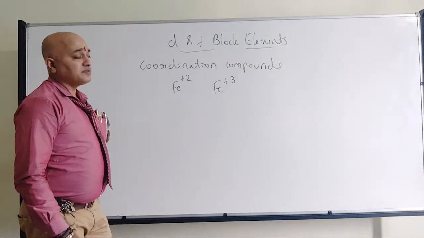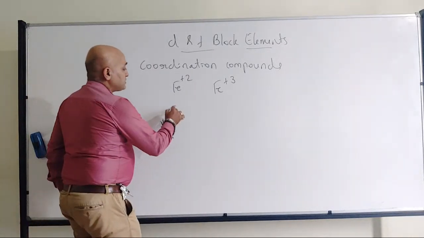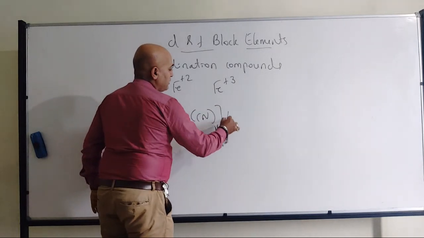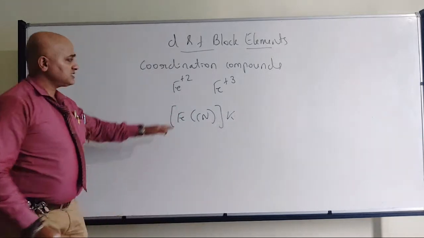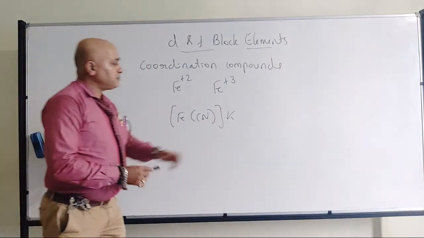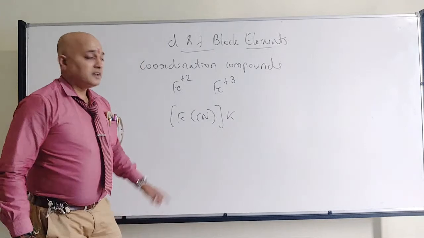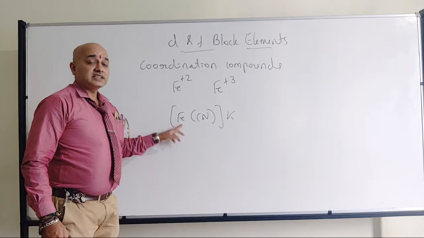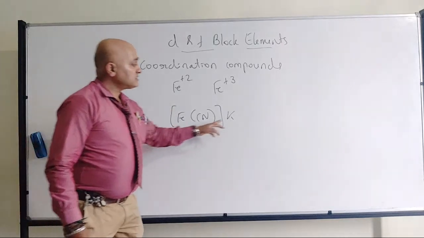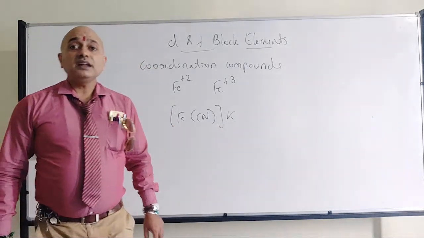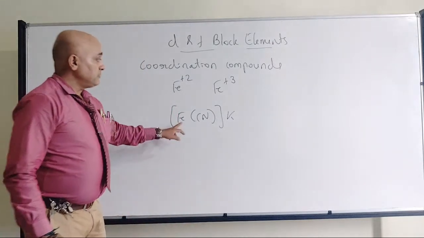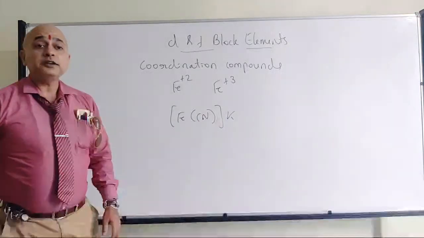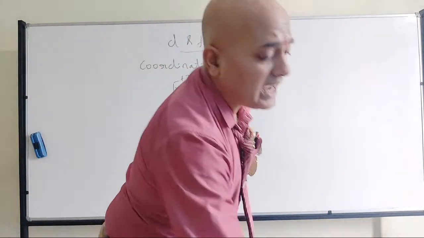And in these compounds we have potassium present outside, and the transition metal inside. That's what I told in the beginning: outside it can be an alkali metal or alkaline earth metal, but the transition metal is the one which makes the coordinate bond with the respective ligands.